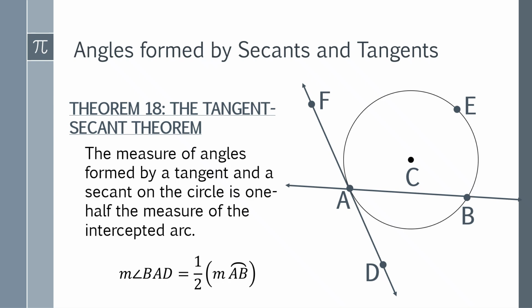Remember, the theorem says that the measure of one angle that is formed by a tangent and a secant is equal to half of the intercepted arc. So the first angle, angle BAD, is equal to half of the measure of arc AB.